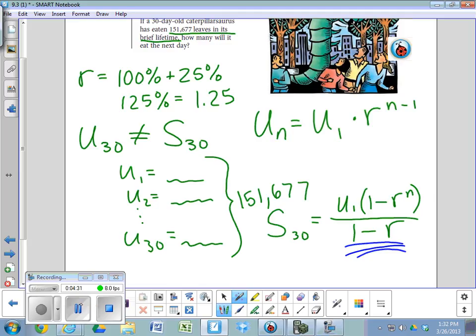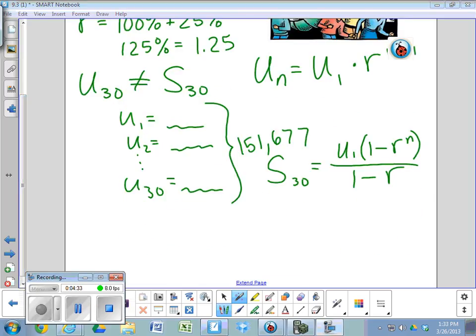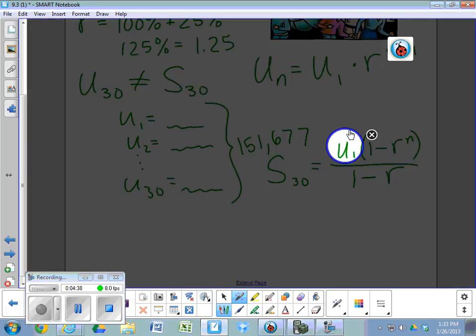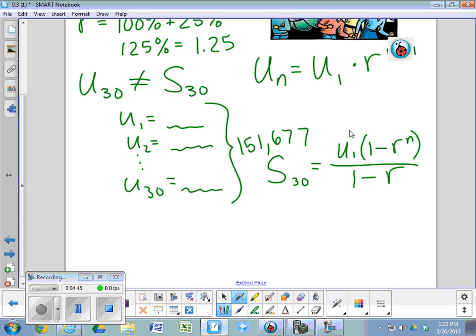All right. We know everything in this formula except U1. So we're going to plug in what we know and solve for what we don't know. What we're going to calculate here is how many leaves this beast ate on day 1. This is 151,677.